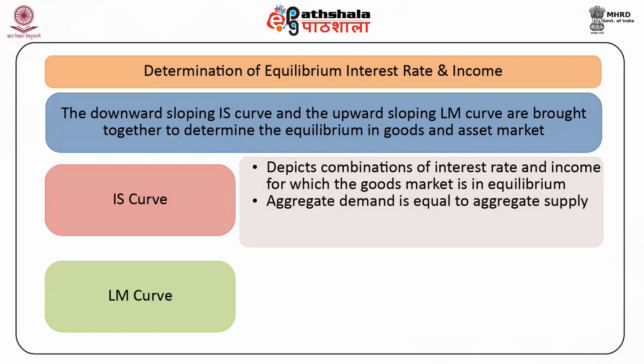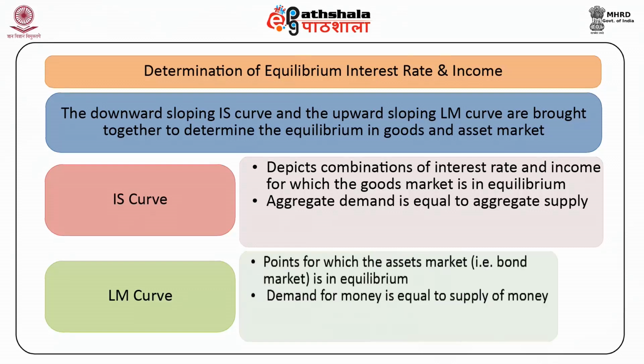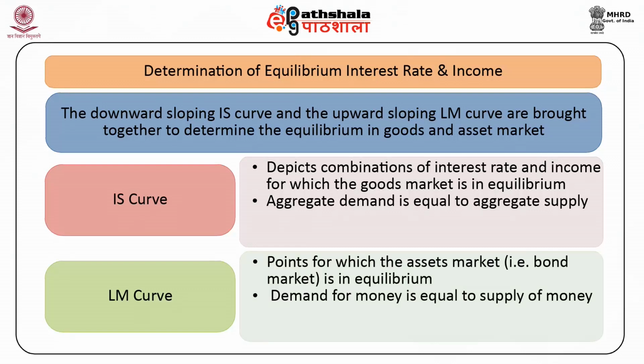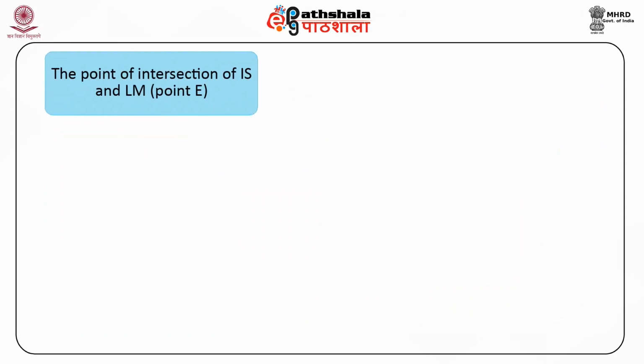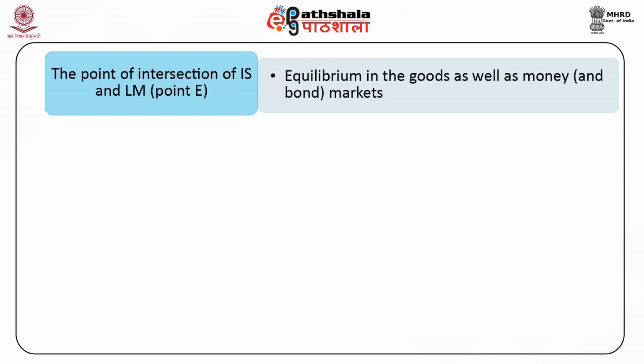The LM curve depicts all such points for which the assets market, that is, bond market, is in equilibrium and where demand for money is equal to supply of money. The point of intersection of IS and LM, point E, represents equilibrium in the goods as well as money and bond markets.